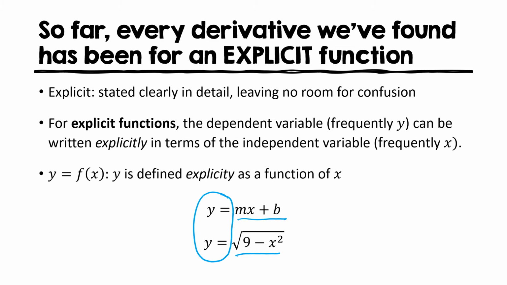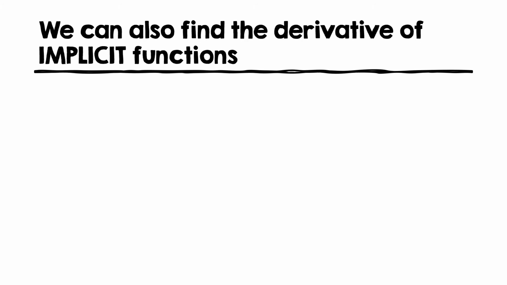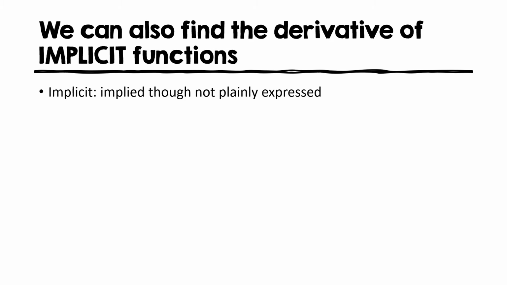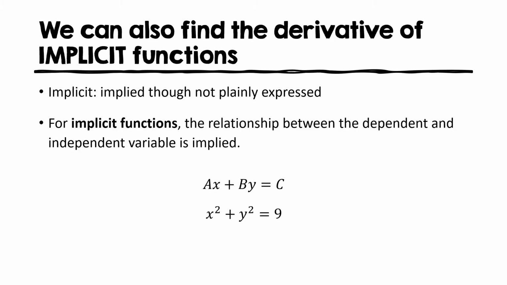It's explicit. What's interesting is we can also find the derivatives of something called implicit functions. So just like the dictionary definition of implicit is implied, though not plainly expressed. So for implicit functions, the relationship between the dependent and independent variable is implied.